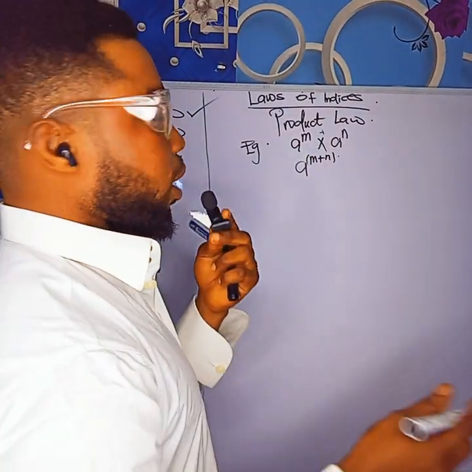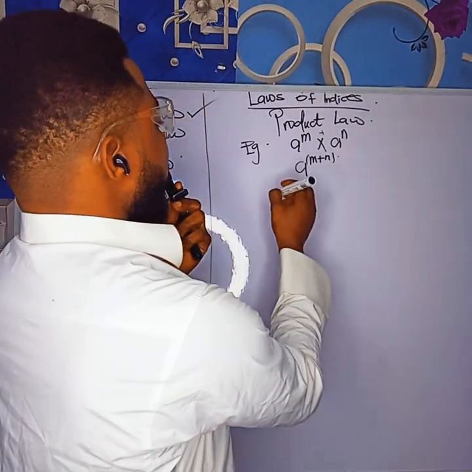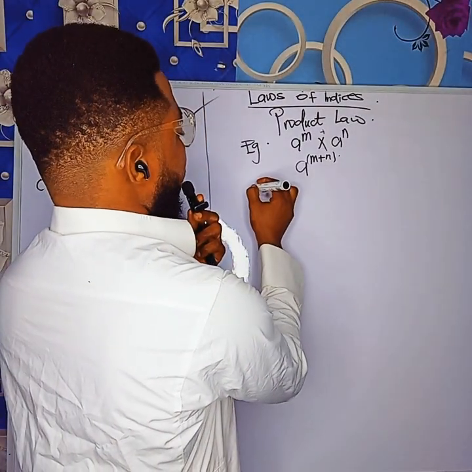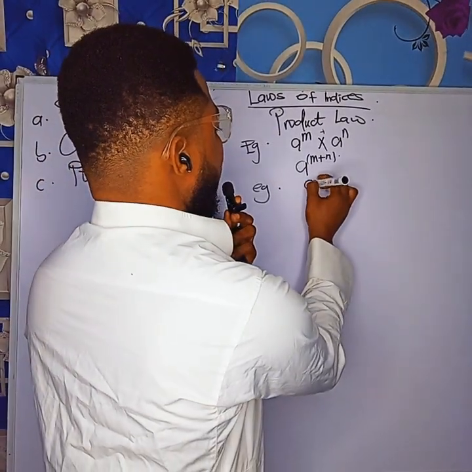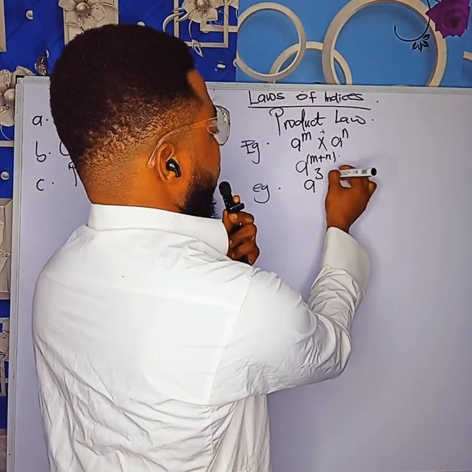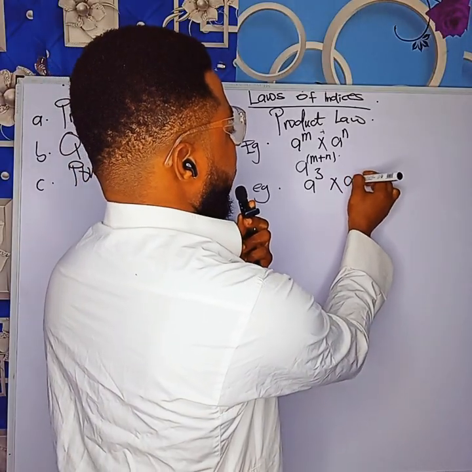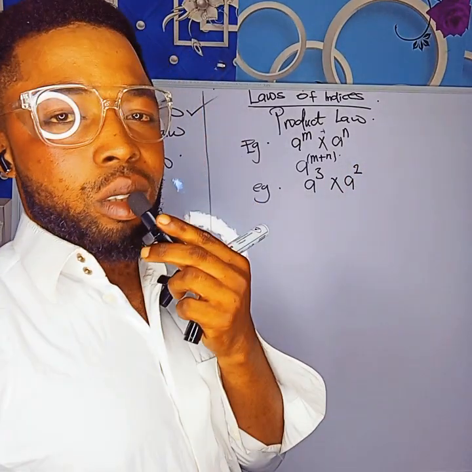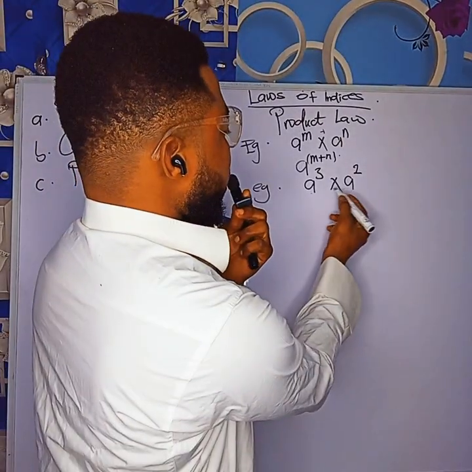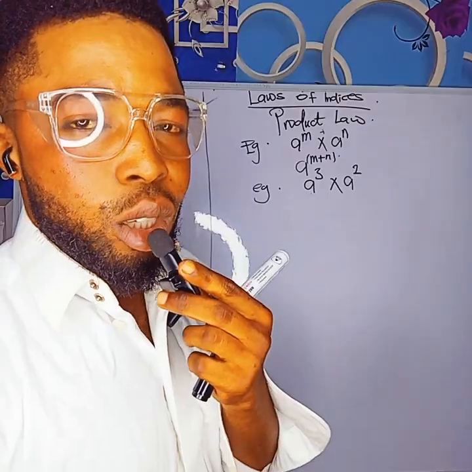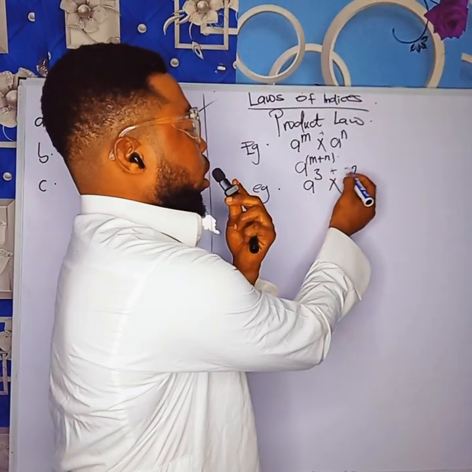Like this. So let's write some examples. Assuming you have a^3 multiplied by a^2. Since the bases are the same, you just have to add the powers.